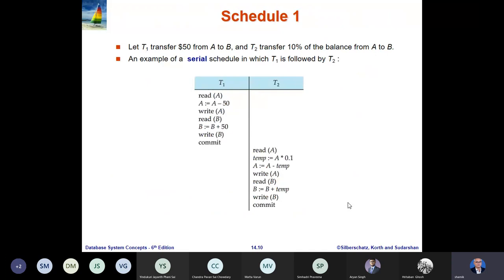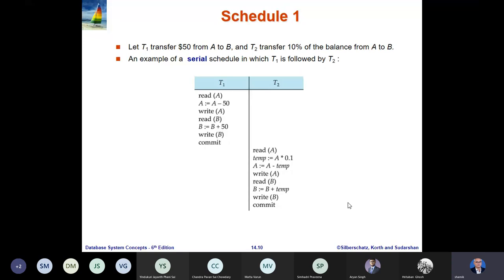And then T2 takes out 10% of 950, which is 95, and adds it to B. So 95 is reduced from A, so it becomes 855, and B already had 2050, and then it gets that additional 95, so it becomes 2145.